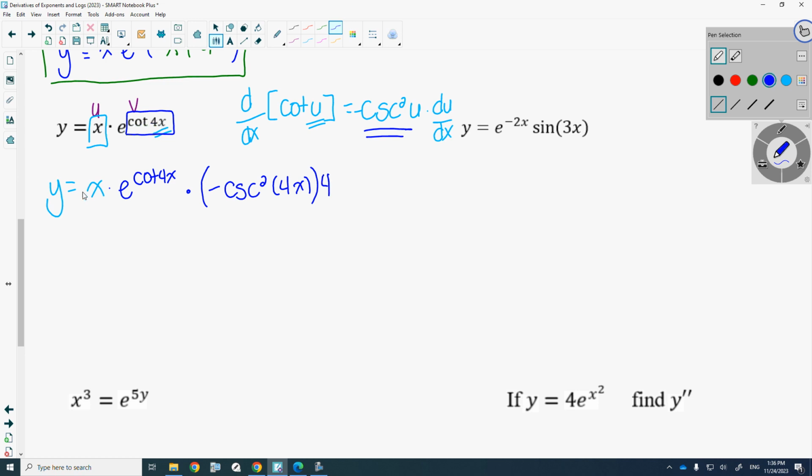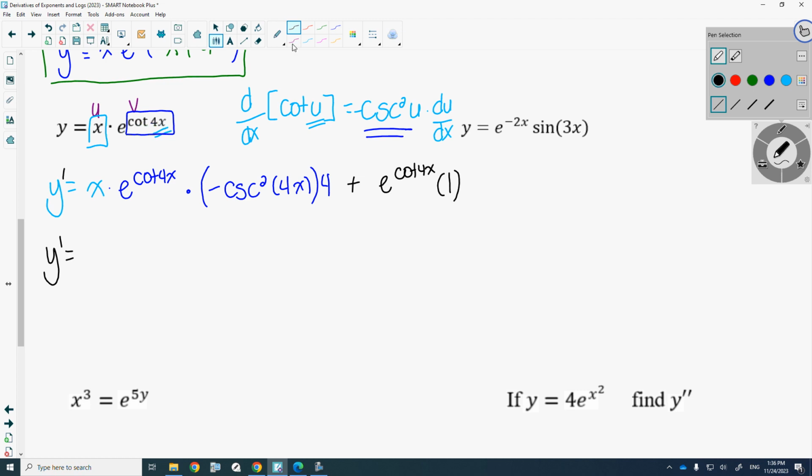So this would be u v prime. This represents v prime. uv prime plus v, and then u prime is just 1. And we're taking the derivative. Y prime is equal to.